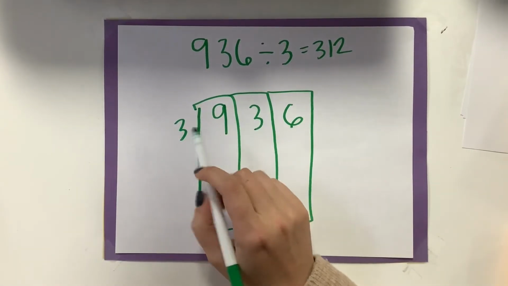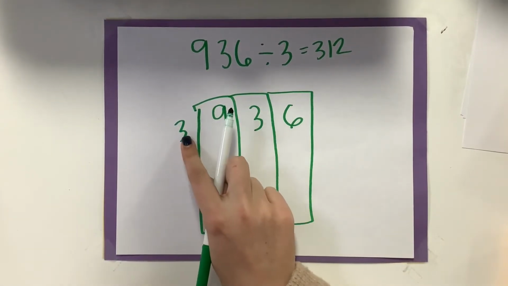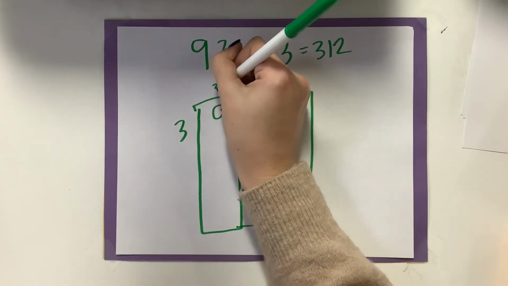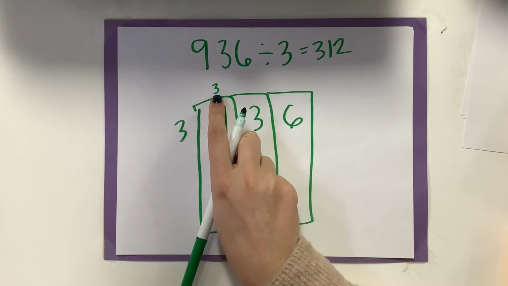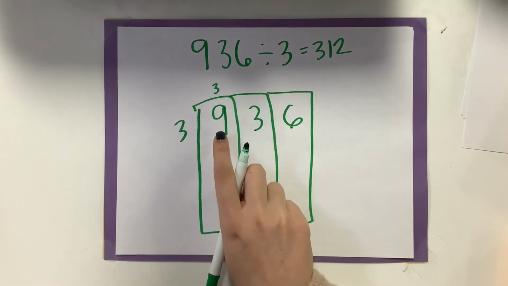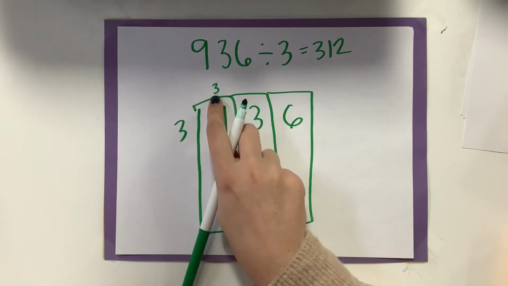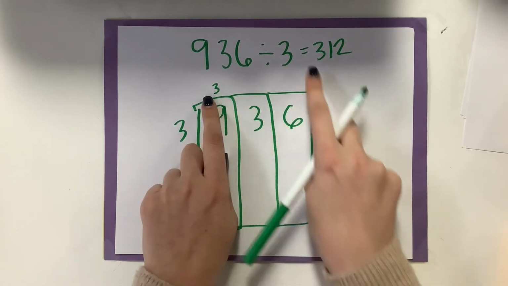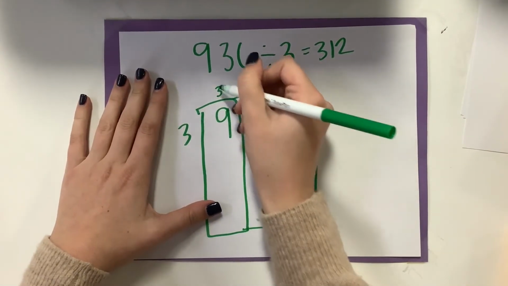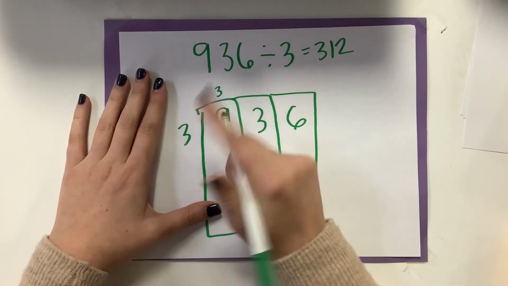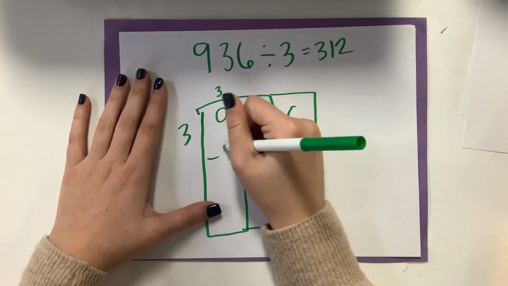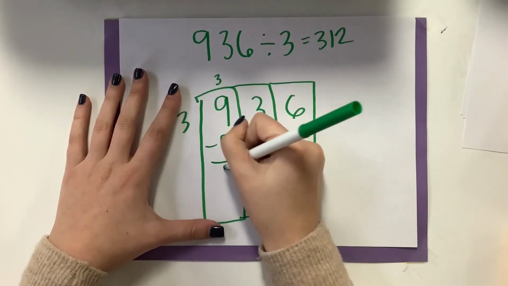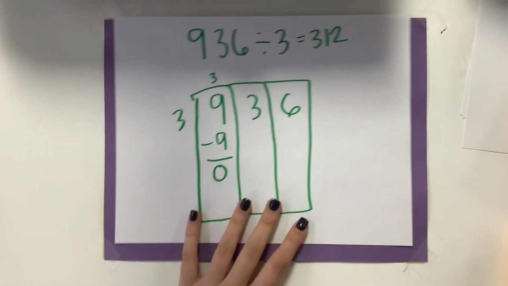So 9 divided by 3, well, I know that I would get 3. That's my answer. So 900s divided into 3 groups would be 300. Notice how that 3 is above my 9, showing me it's in my hundreds place. When I did that, I did 3 times 3, right? That's 9. So I had 3 cards. I put 300s in each, so I had no hundreds left over.